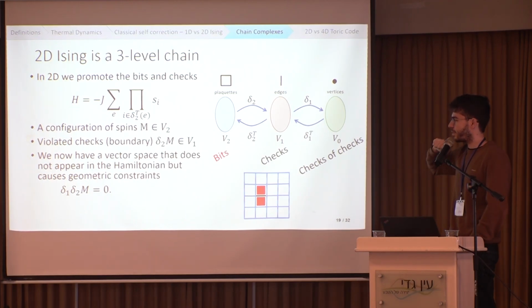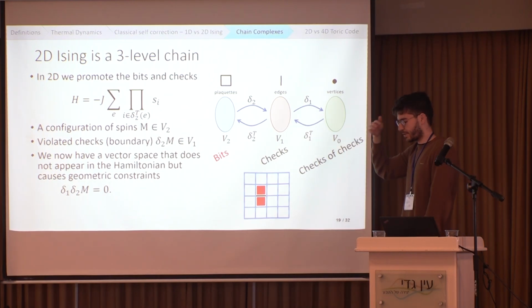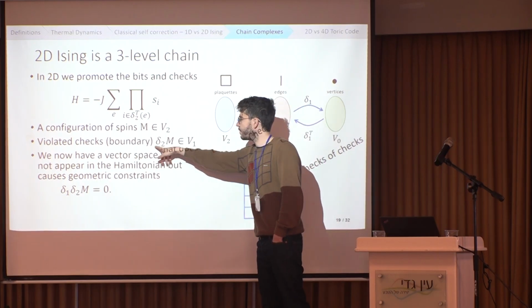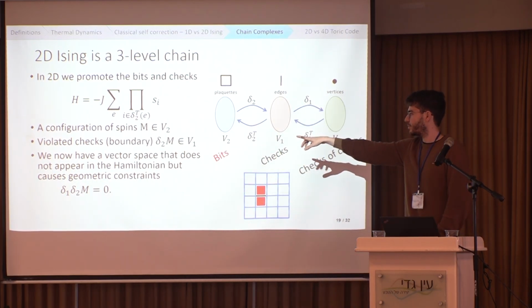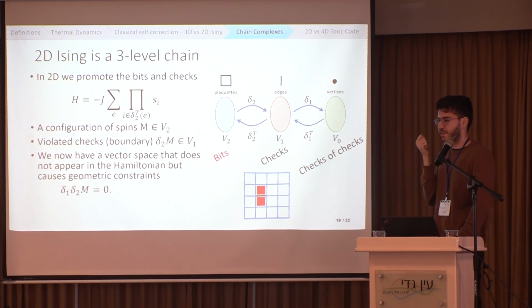As I said before, because the boundary of a boundary is 0, delta 1, delta 2 is 0, this means that for any violated check configuration delta 2m, when we apply delta 1 on it, we'll always get 0.